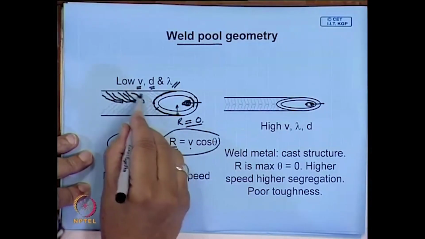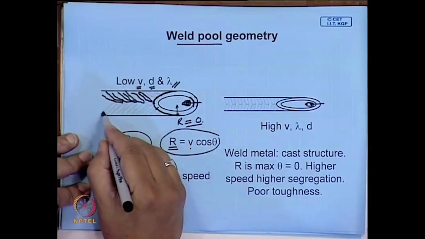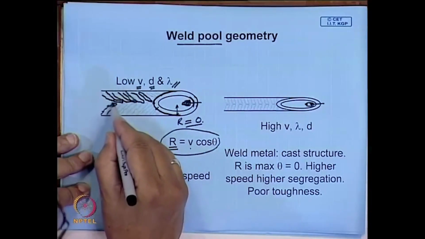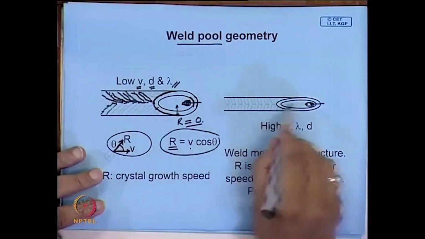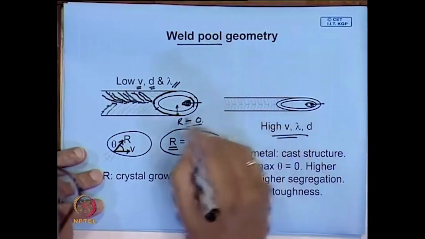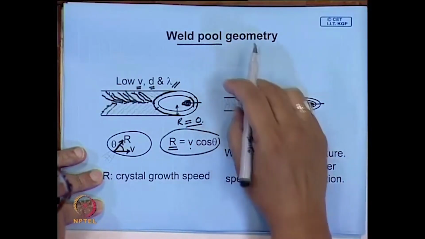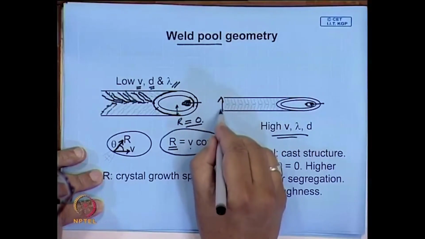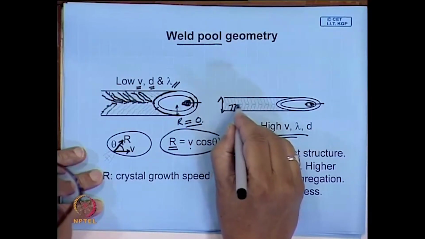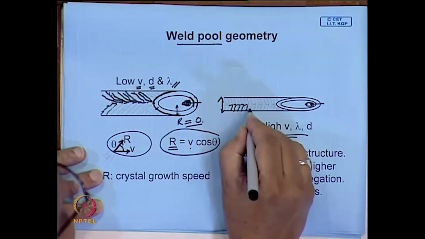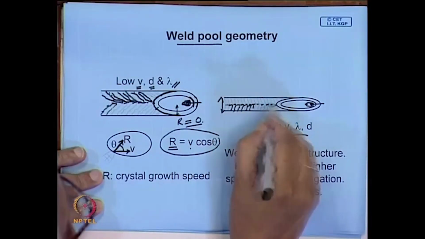They will all be inclined like this, the directions keep on changing, and in this particular case, segregation, if at all it is taking place, will be distributed. Whereas, if these are high, the pool is distorted like this. In this case the width is also very small, and you will get this kind of columnar cellular growth, and you will always find that impurities get segregated here.